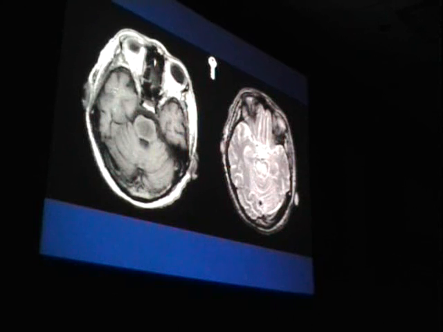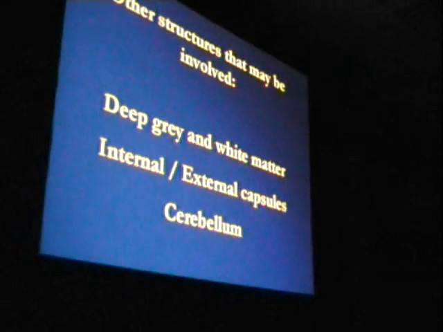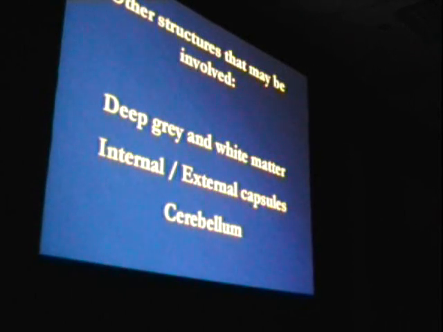So sometimes you may get a classic trident shape, which does not show here, but the classic finding is that the pons is not enlarged and the periphery is spared. Osmotic demyelination may also involve the deep white matter and the internal and external capsules, and has also been reported in the cerebellum. If you see it in the pons, really the differential diagnosis is very limited.